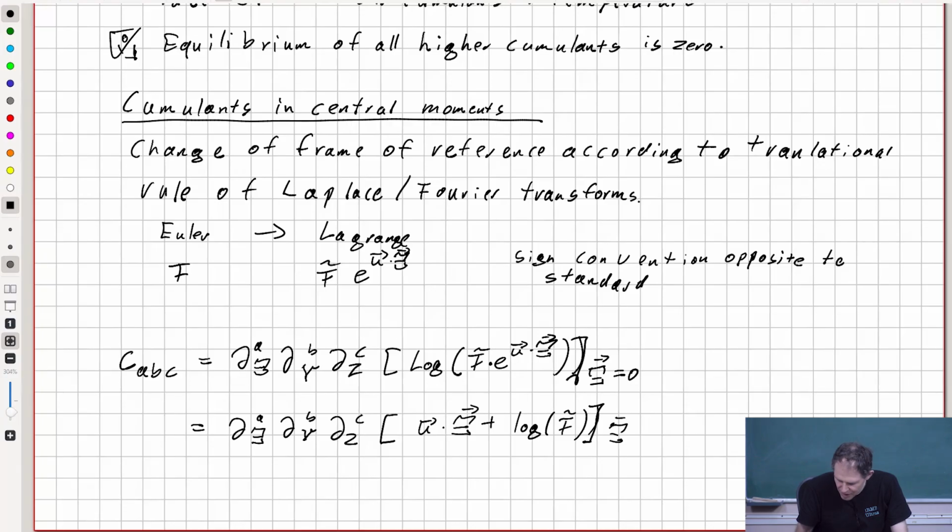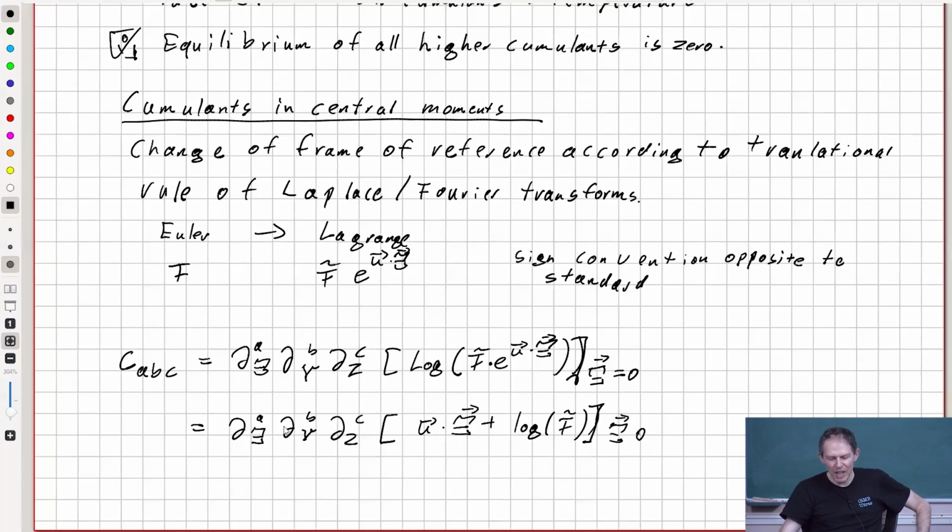Because the f with the snake on top is in the Lagrange frame, it does not depend on velocity anymore, because it has been put into the centered frame. So there is no velocity in this function here. All of the velocity is here.